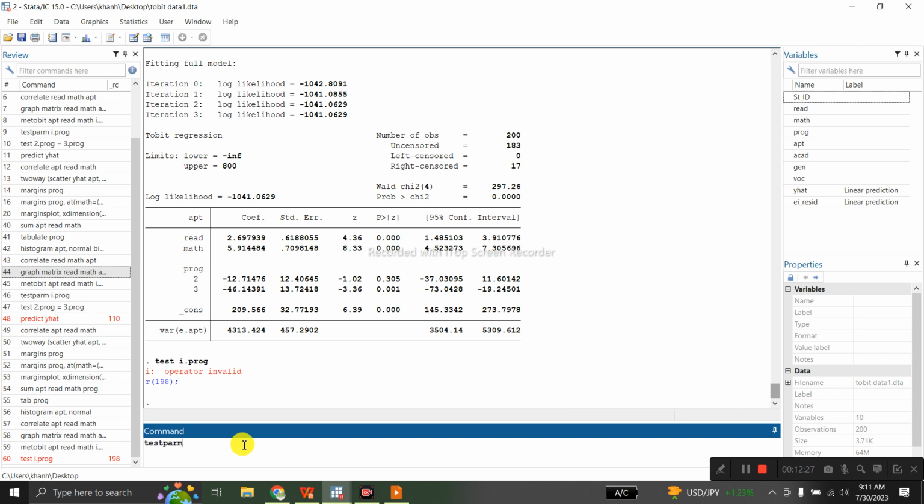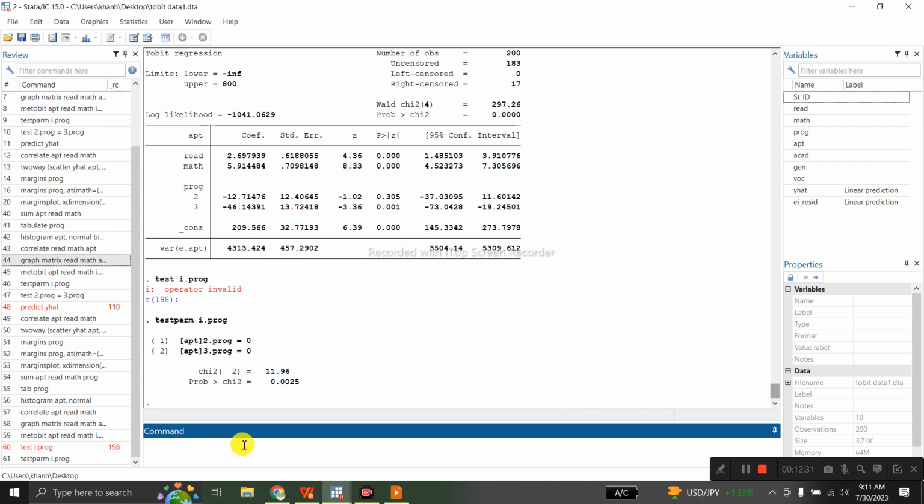Sorry, this should be test IPROG. Now I'm going to test a null hypothesis that the coefficients for program 2 and program 3 are equal to 0 jointly. But this p-value of chi-square with 2 degrees of freedom is less than 0.05.